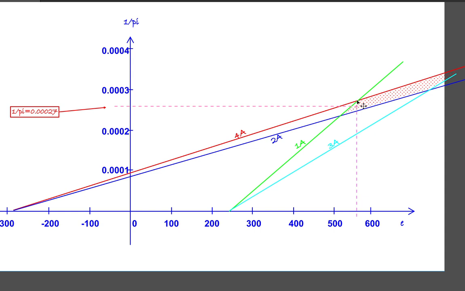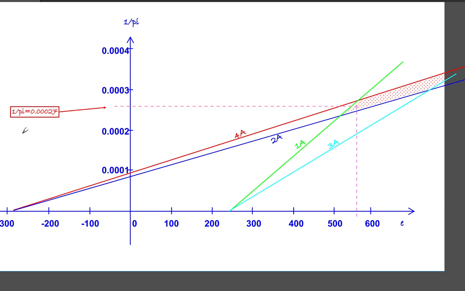Then coming across to the left, my prestressing force is going to be 1 over Pi is 0.00027. And you have to divide that to get your Pi value.